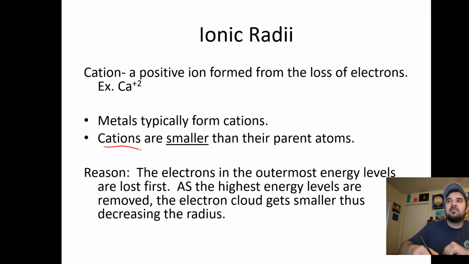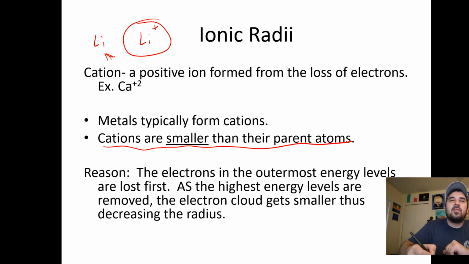So cations are smaller than their parent atoms, which means if we had lithium, then lithium plus is going to be smaller than lithium. So when you lose an electron, you become smaller. That's basically it. So I'm gonna label this smaller.